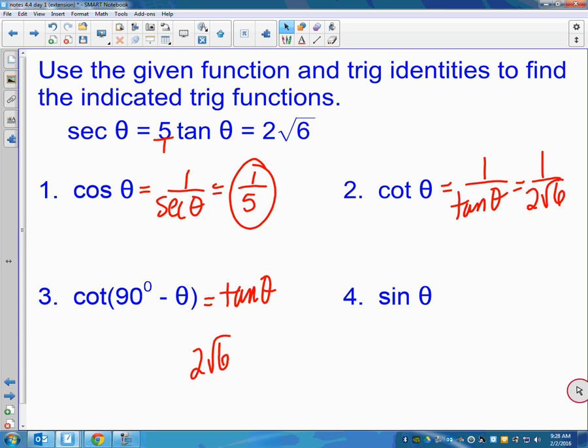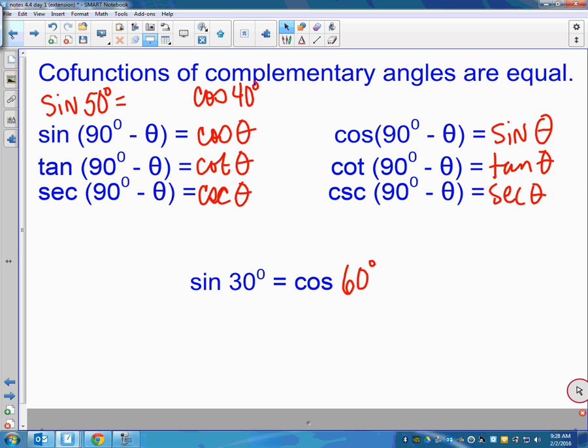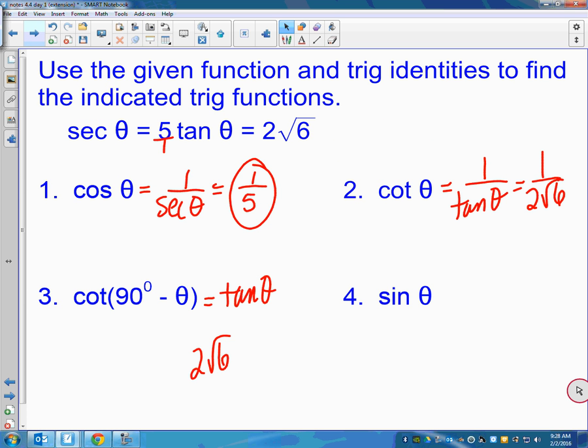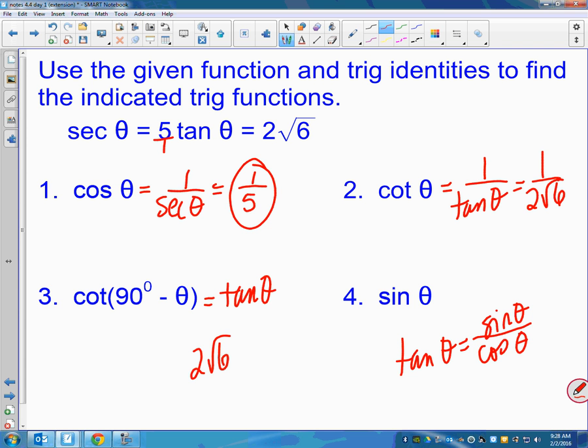What else do you see that has sine in it? Oh, we wrote tangent, right? What did we say tangent can equal? We said tangent of theta equals sine over cosine. Do we know what tangent equals? Do we know what cosine equals? Yeah, so we could plug those in and then solve for sine.